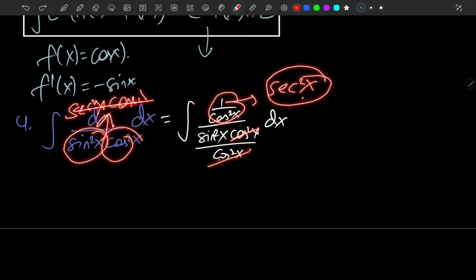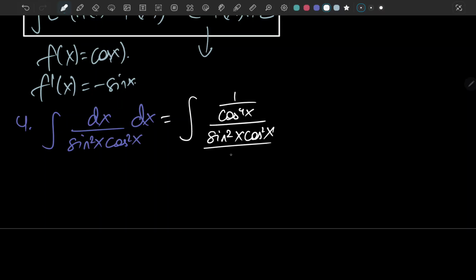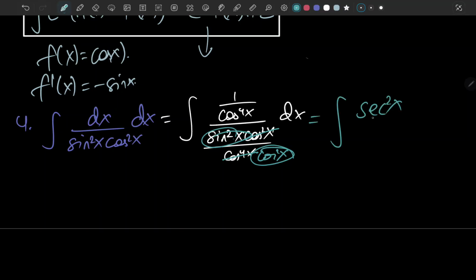That's not good. So to get rid of that, I'm going to do something great, and this is, I'm dividing with cosine to the 4x, and the same with the denominator, that is dividing with cosine to the 4x. So if you look closely, this becomes cosine squared of x, and sine squared of x and cosine squared of x, well, it's being divided, so in the numerator we are having secant to the 4x, sorry, and in the denominator we are having tangent square x dx, right?